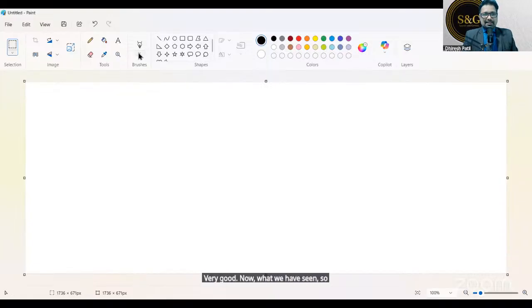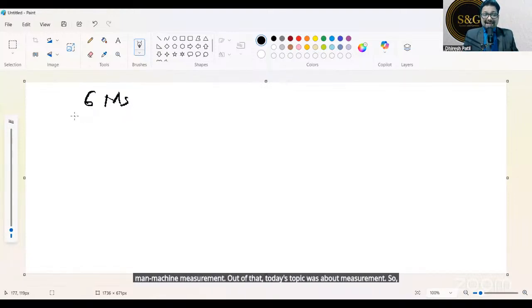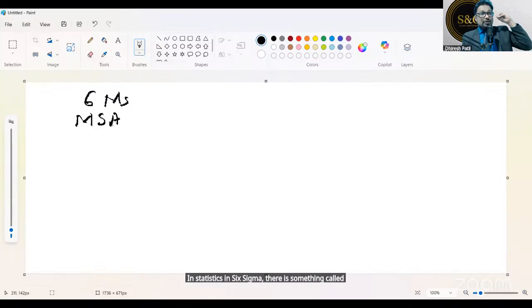So first we have discussed the 6Ms: man, machine, measurement. Out of that, today's topic was about measurement. So in statistics, in Six Sigma, there is something called measurement system analysis, which is quantifying the variation coming from the measurement system, right? Now, in measurement system, there are two parts.